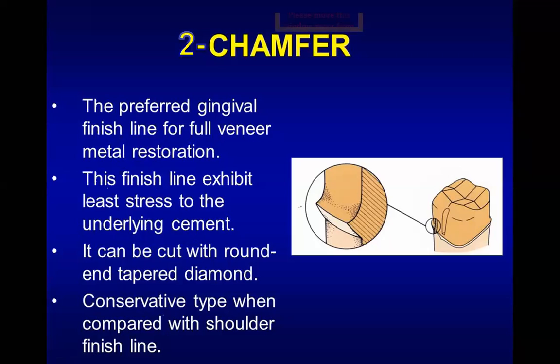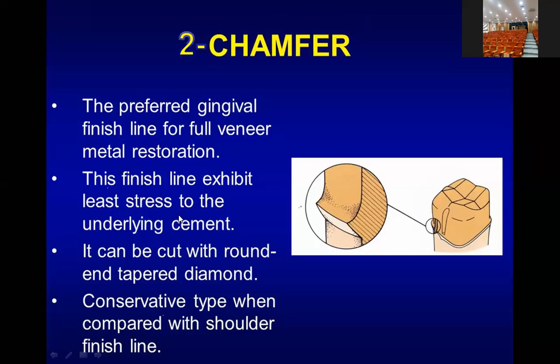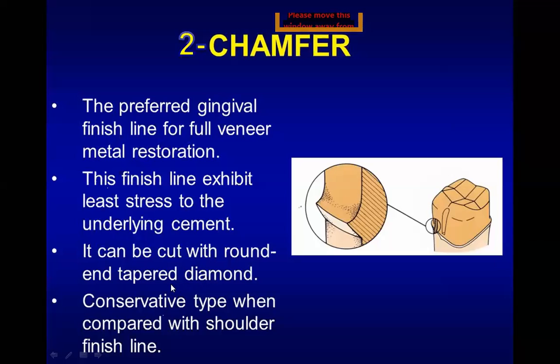It is wider than the knife edge, so it will give more attachment of the crown on the tooth structure, and it will have the least stress on the underlying cement because of its way of preparation. It can be cut with the round taper burr, as we said, and it is considered conservative when we compare it with the next finishing line.